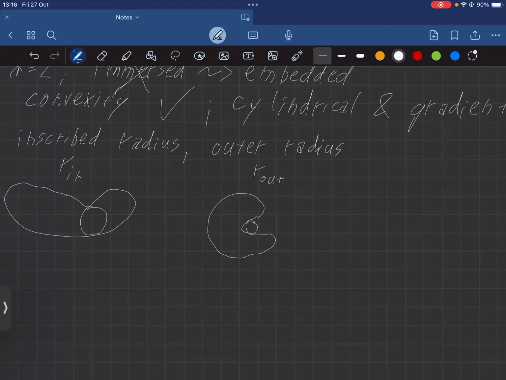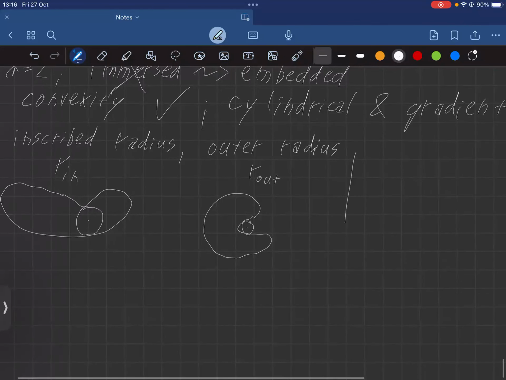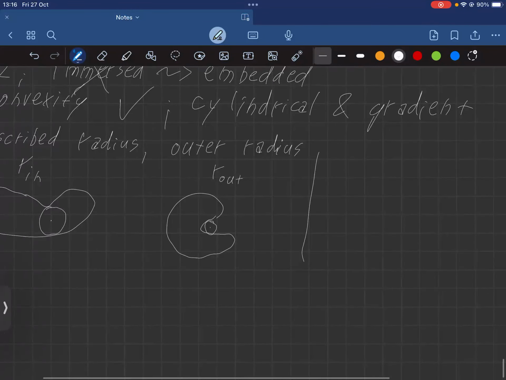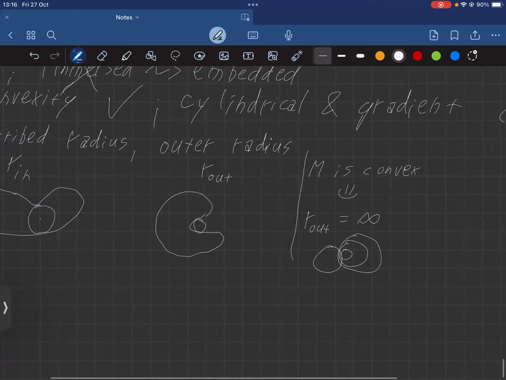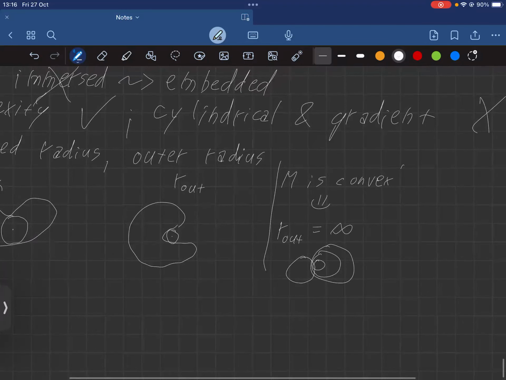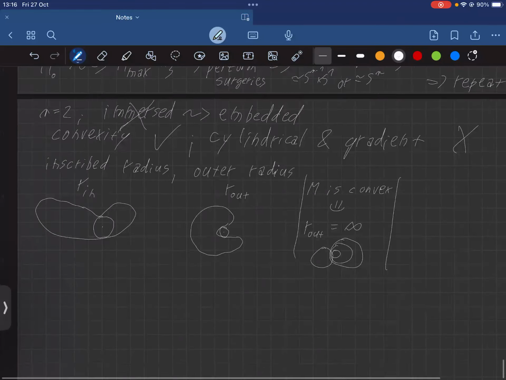So something like this, probably. Maybe you can note that if our hypersurface is convex, this would actually imply that outer radius is infinity, right? Because we have something convex, so there can be an arbitrarily big ball from the outside.